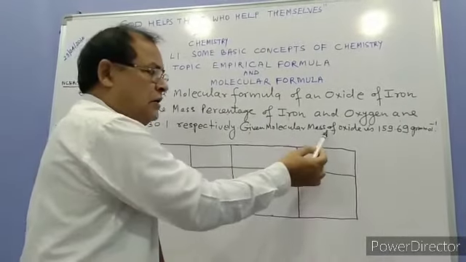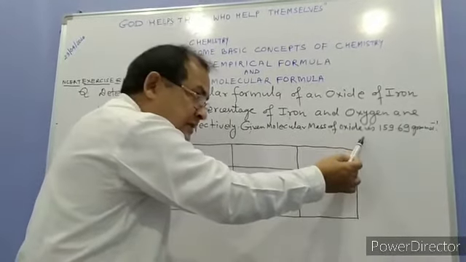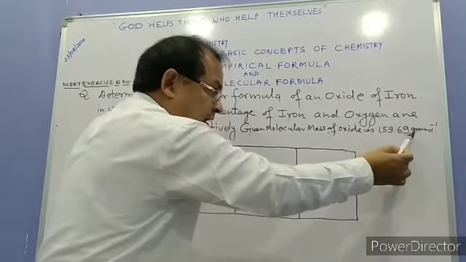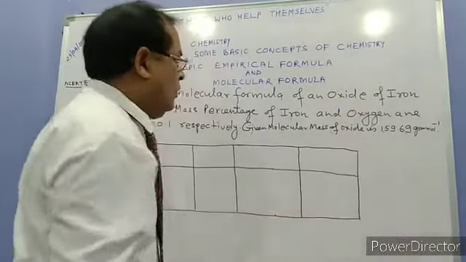Given molecular mass of the oxide is 159.69 gram per mole.